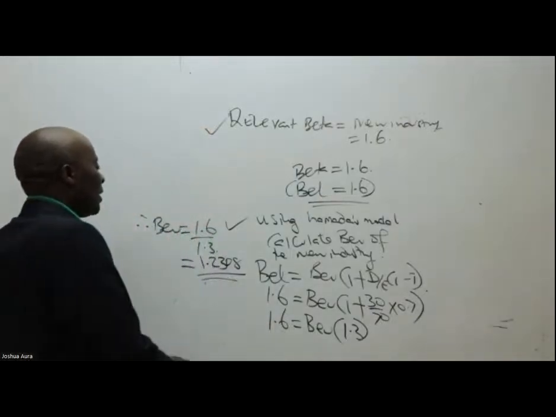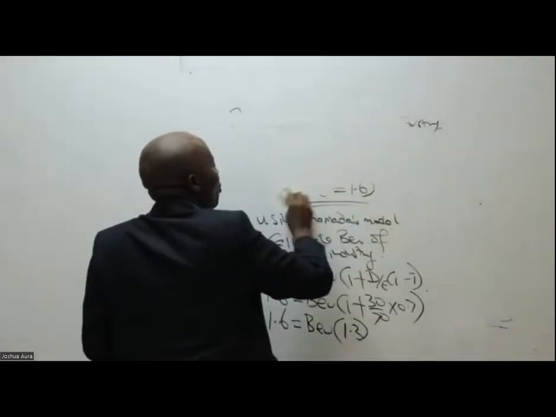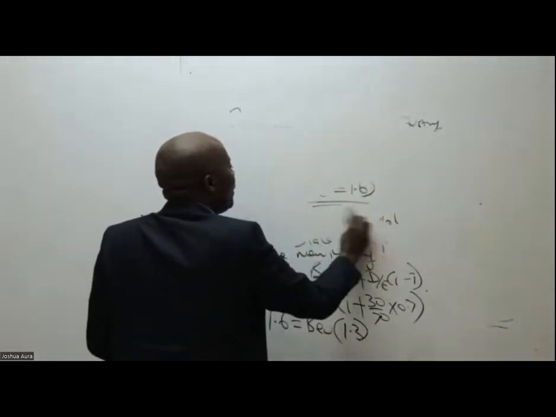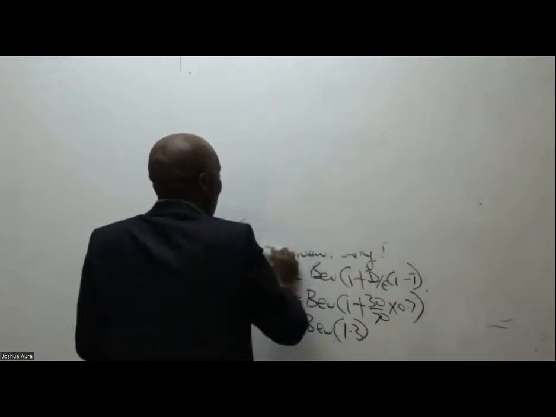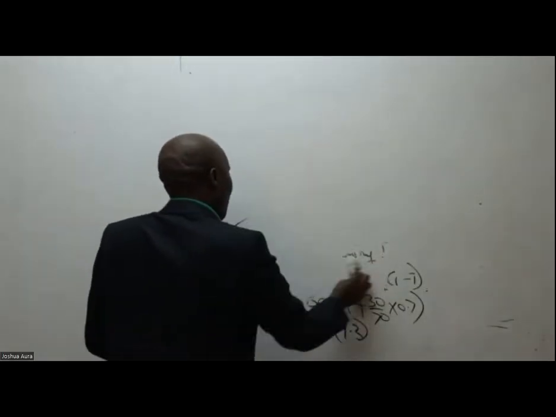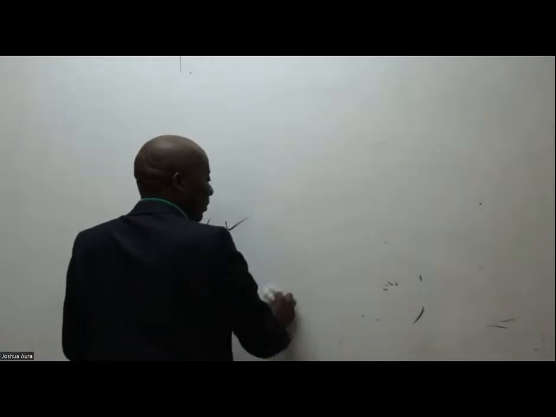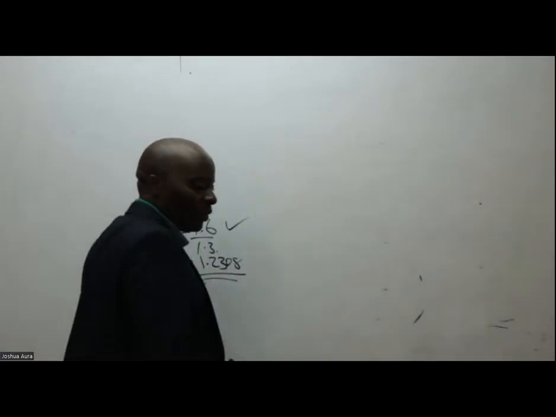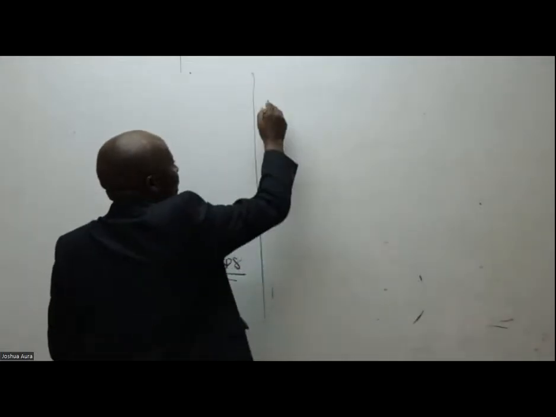So after getting this BEU, now I can apply this BEU of the relevant new industry to the various scenarios given. Now this becomes very easy for me. What I'm doing now here is the localization.